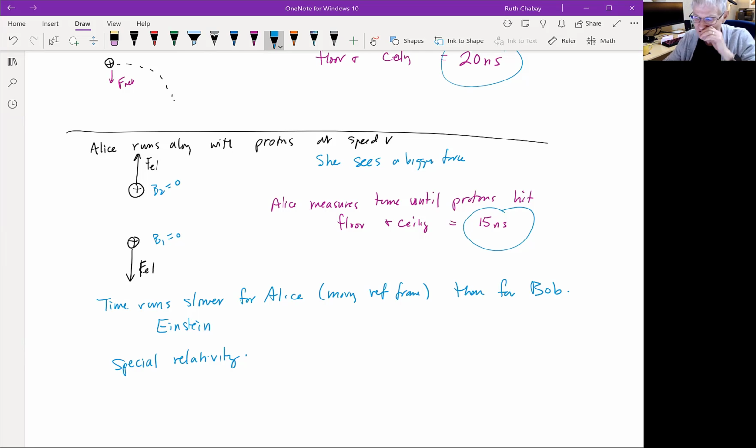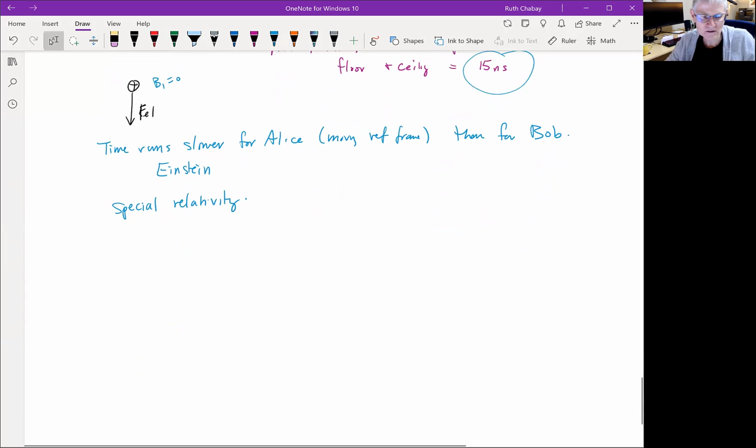Now, there's actually an example of this, which will turn out to be something we're going to want to talk about later. Cosmic rays, which are usually high energy protons coming from outside the solar system, hit the top of our atmosphere and go through nuclear reactions.